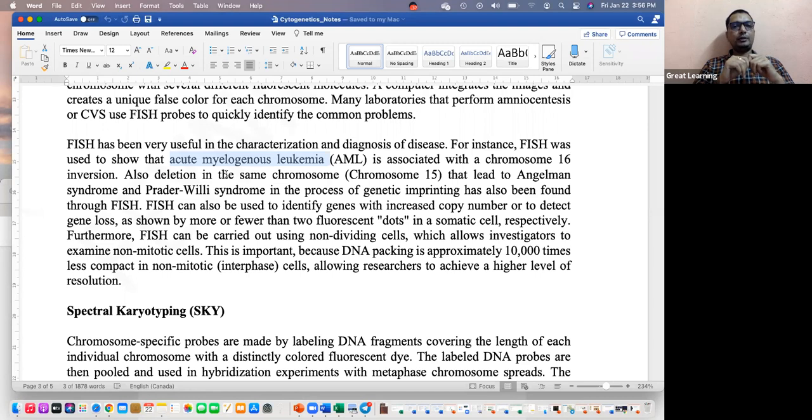Or if you want to write something you are more comfortable with, chromosome 15 deletions that we talked about for genomic imprinting, Angelman and Prader-Willi syndromes. Chromosome 15 deletions, I was just mentioning to you as an example. Okay, in the genetic imprinting. That deletion is also found through the FISH method.